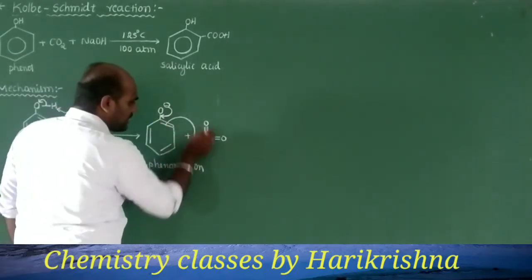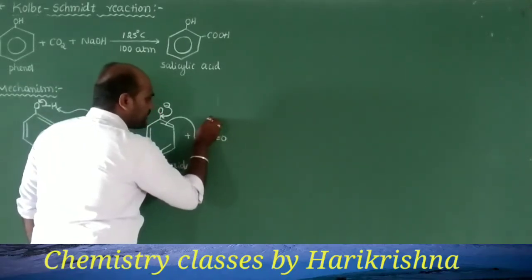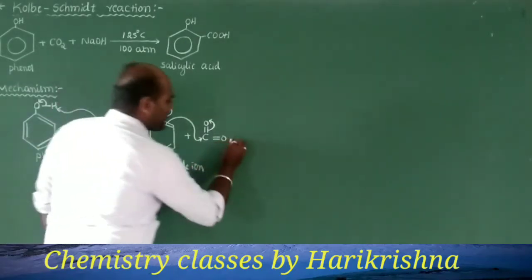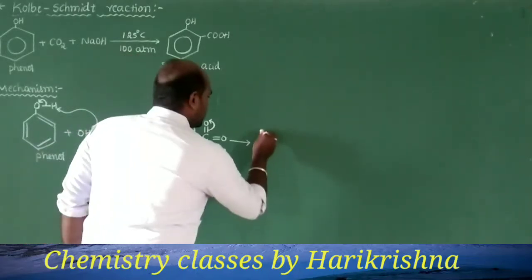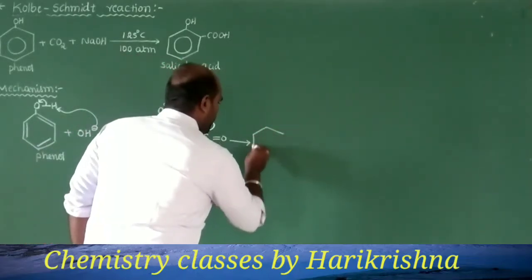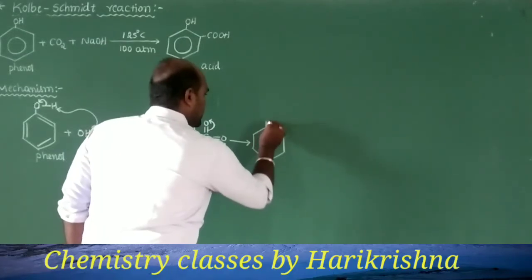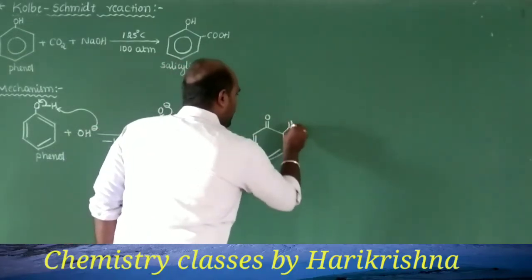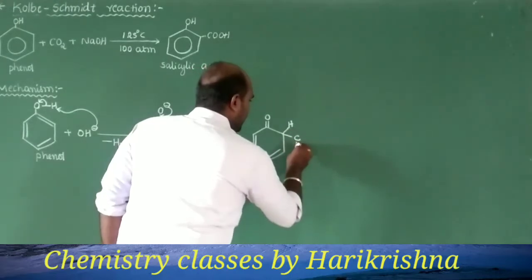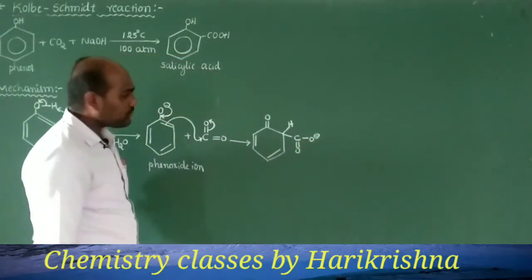These pi electrons will attack the carbon atom, so that the pi electrons of the carbon dioxide shift onto oxygen, and we get the structure with C double bond O, and C double bond O, O minus.